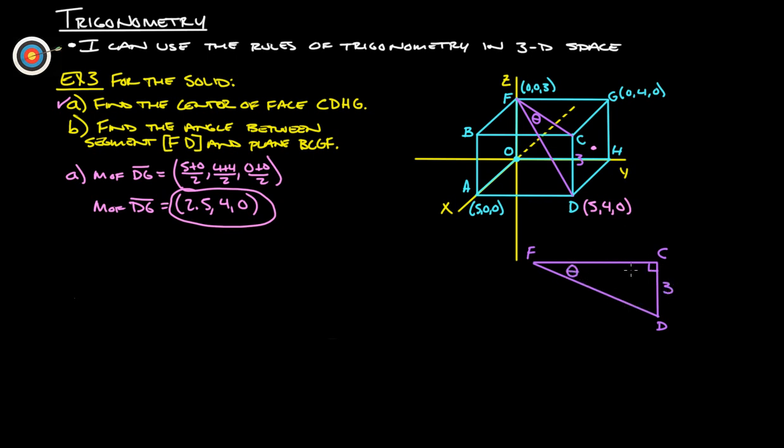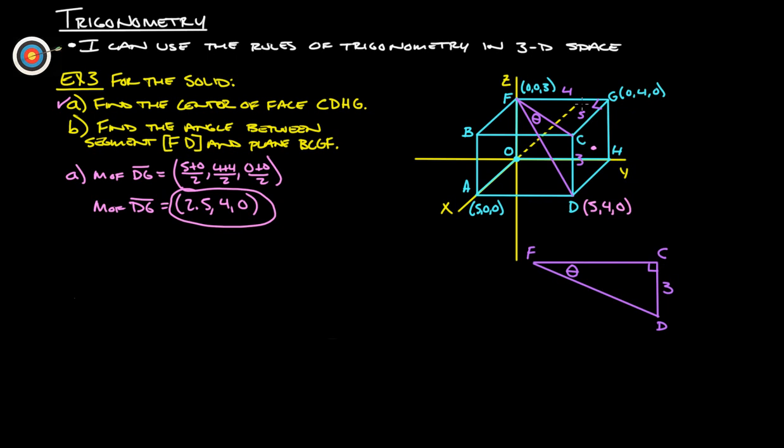As long as we have either, if we knew this other angle, then we could figure it out, but we don't. So what we want to do is find one of these 2 sides. The easiest side to find is going to be this FC side right here. So basically we want to know this length. We know that that's a right angle. From here to here, that's on the Y, so that goes from 0 to 4. So this distance here is 4. And then from here to here, that is our distance on X. The difference between this and this on the X is 5.